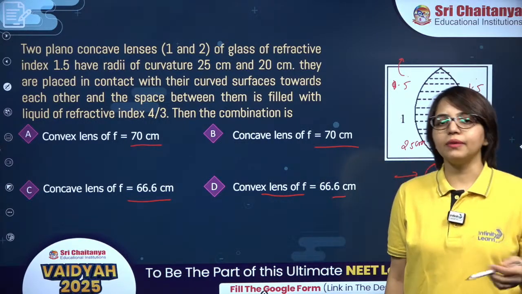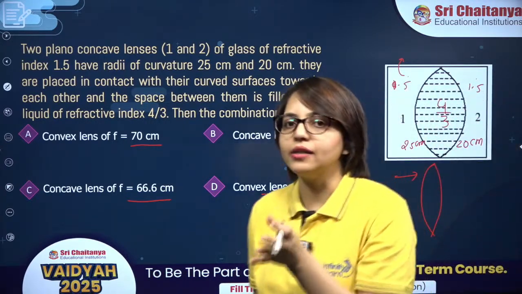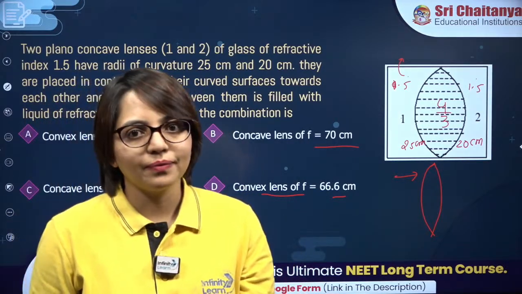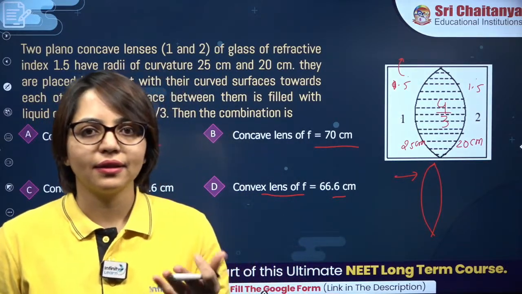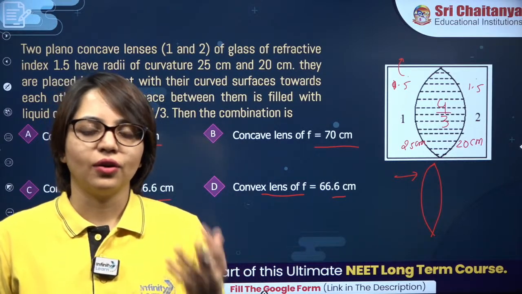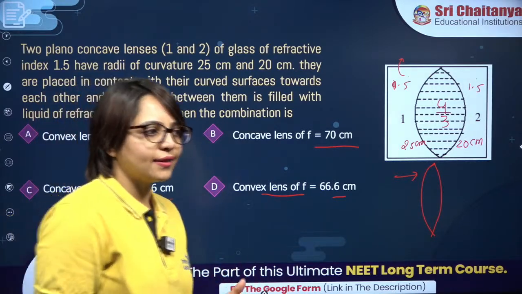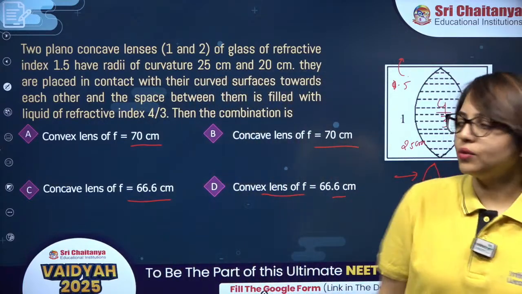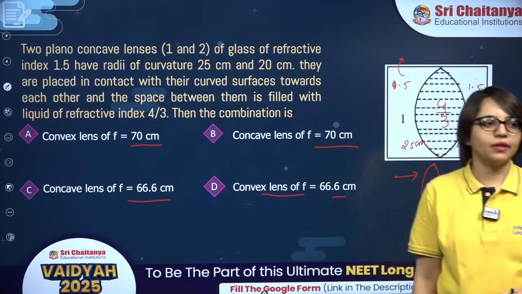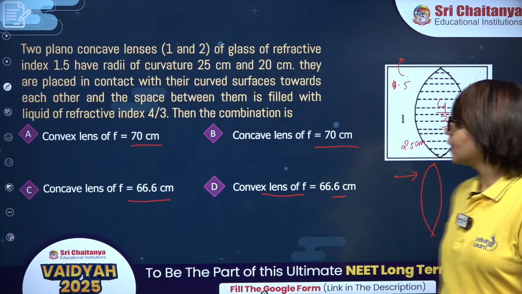But when you change the medium, when you put something else, the convex may behave like a concave. Right, so a lens is not what it looks like, and what it is doesn't show in the lens. Fine. So don't just go for the shape and try to mark the answer. You will get -1. I'll show you how.